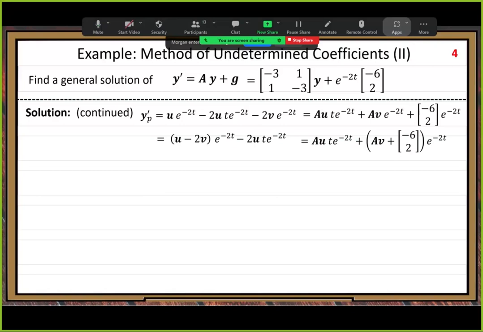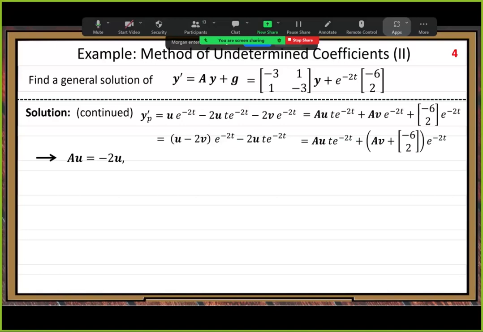So we compare the corresponding terms and get new equations. So if you compare this t times e function, this term, we get au equals negative 2u.